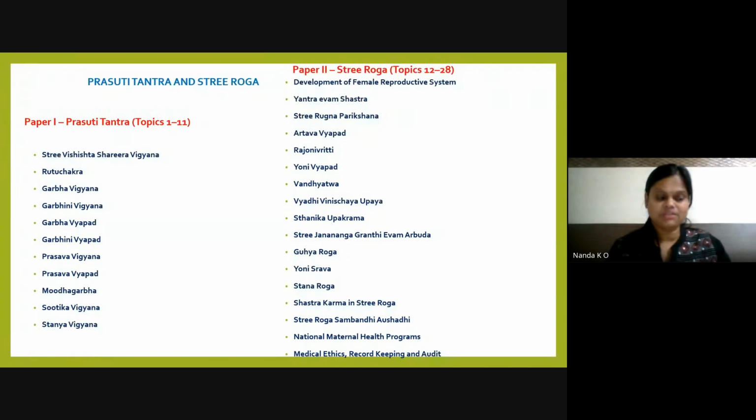Paper 1 is a 100 marks theory paper, and paper 2 is also a 100 marks theory paper, making a 200 marks question paper, and 50% is the eligibility for clearance. In the practical examination, 100 marks, then 60 marks of viva, elective 10 marks, and internal assessment 30 marks. This is how your marks distribution is done.